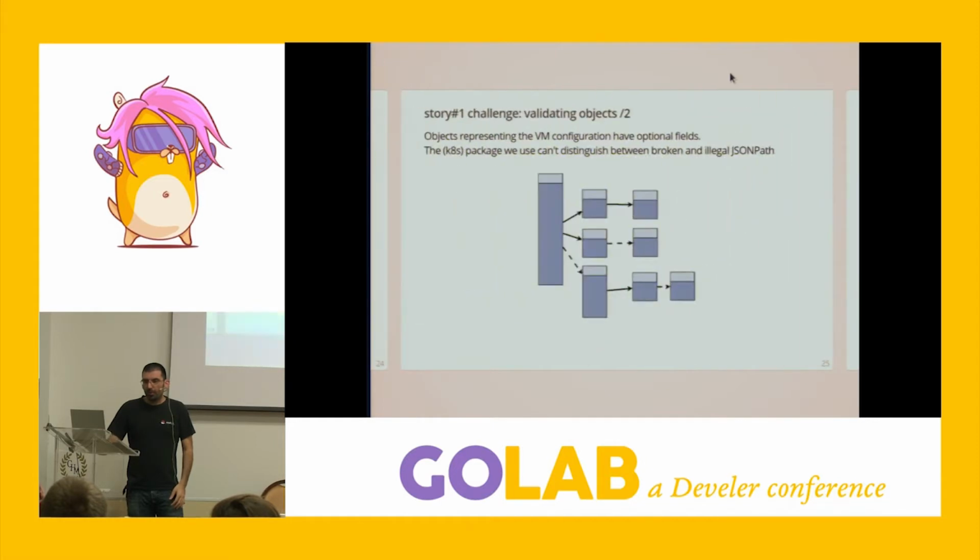So how do you distinguish between a broken path and an illegal path? What's an illegal path? A path to an object that could not possibly exist. If the foobar device does not exist, it could not possibly exist in your object tree. On the other hand, you maybe have the default device, so it is not yet there, but it is legal.